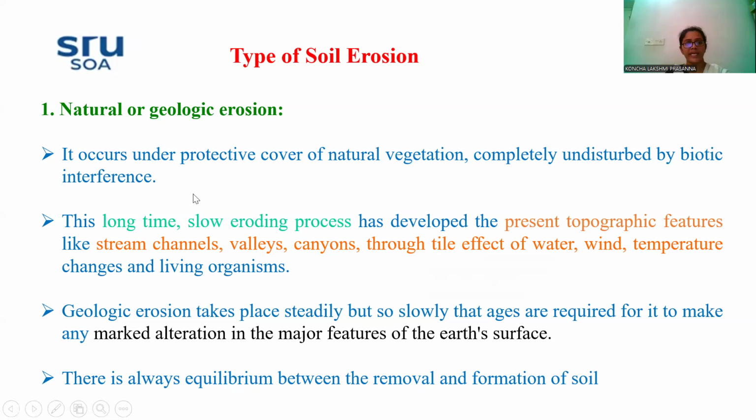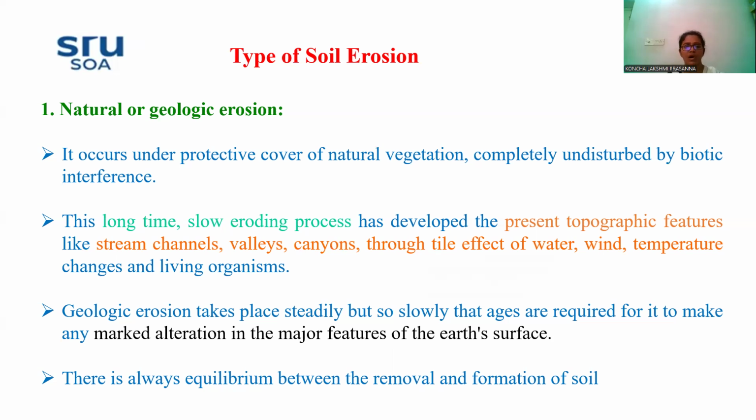It mainly takes place under the protective cover of natural vegetation, completely undisturbed by biotic interference. This natural erosion takes a long time; it is a slow eroding process that has developed various topographic features like stream channels, valleys, and canyons through the effects of water, wind, temperature, and living organisms.